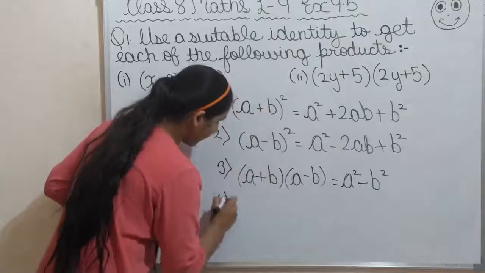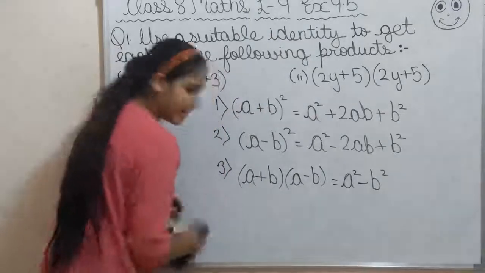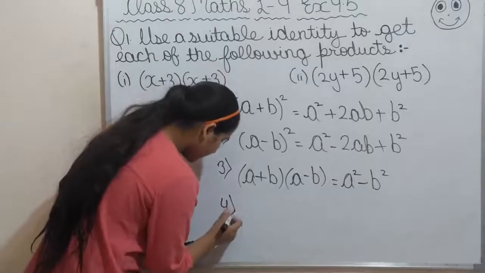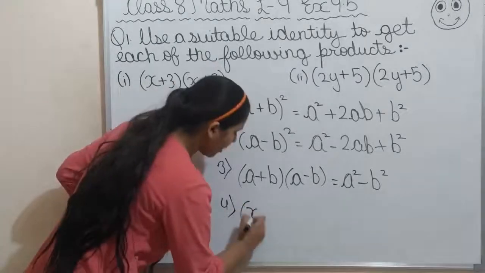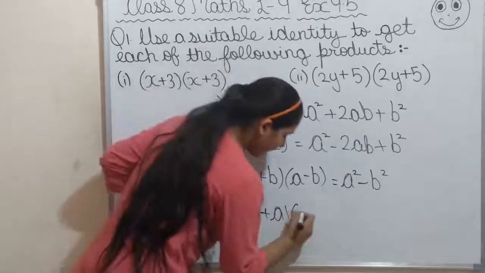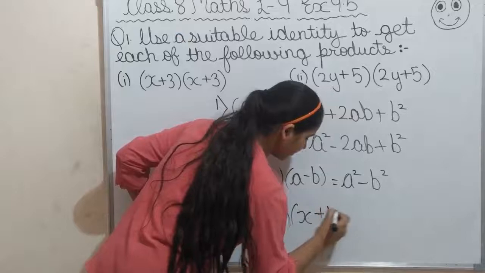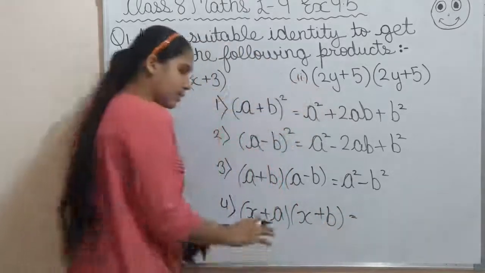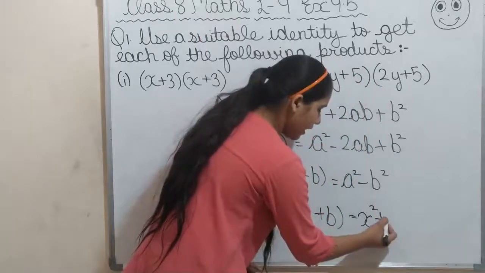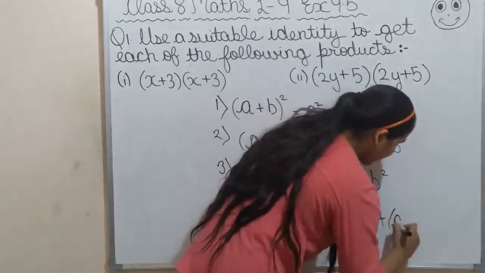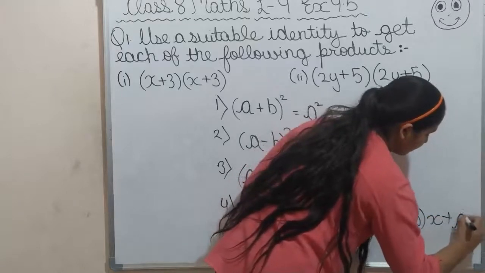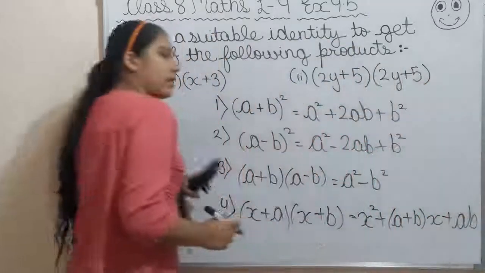And the fourth, the last property, is x plus a, bracket close, again bracket open, x plus b, which is x square plus, bracket open, a plus b, bracket close, into x, plus ab. So these are the 4 properties.